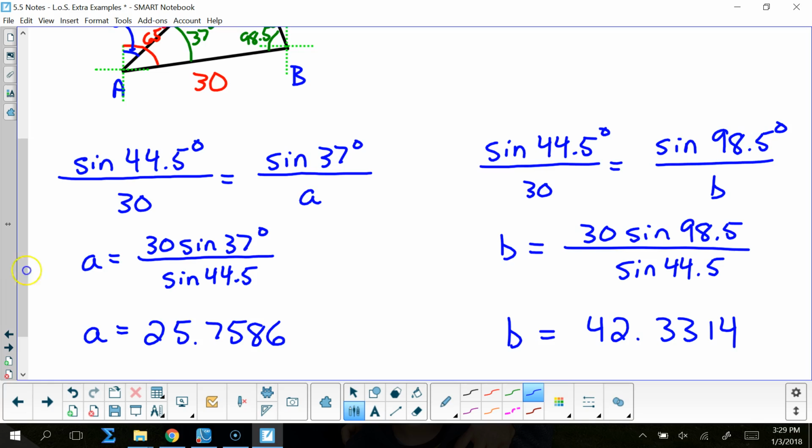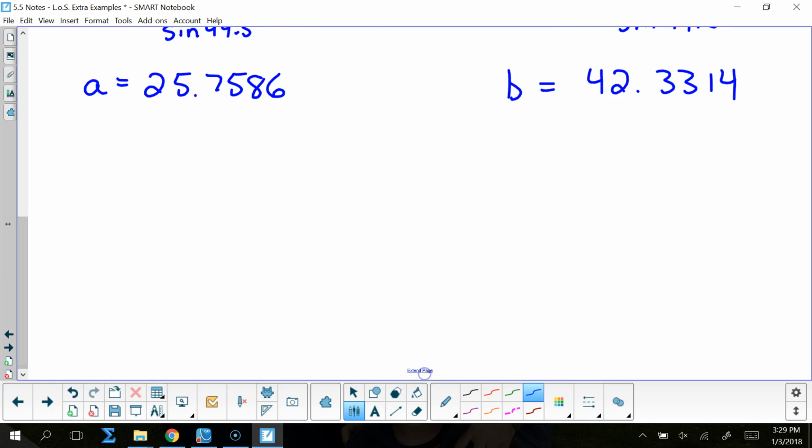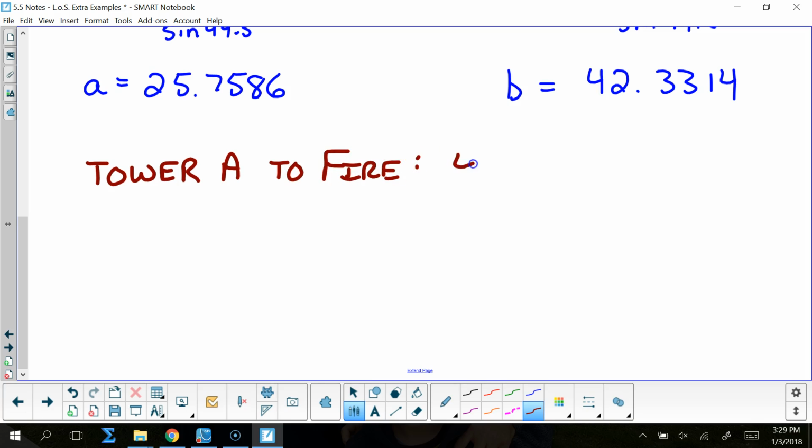Okay? So side A is the distance from tower B to the fire. Side B is tower A to the fire. And we're dealing in kilometers.